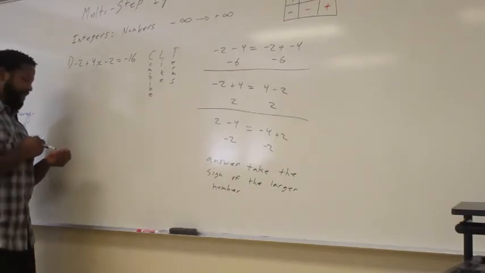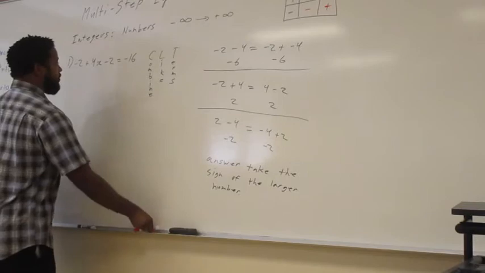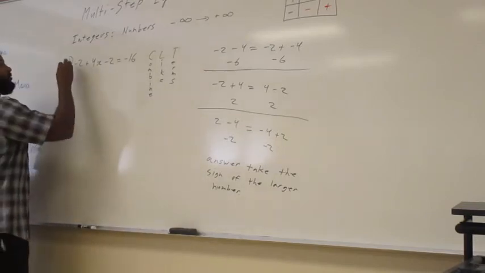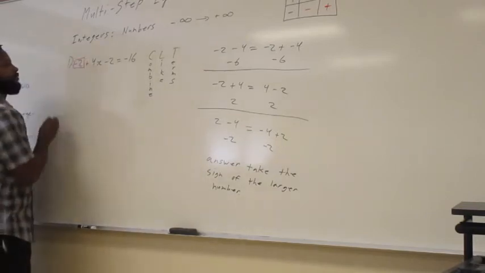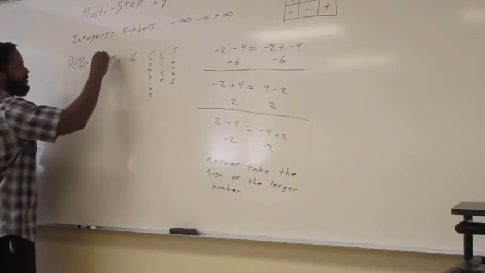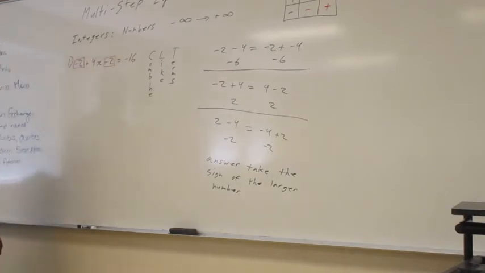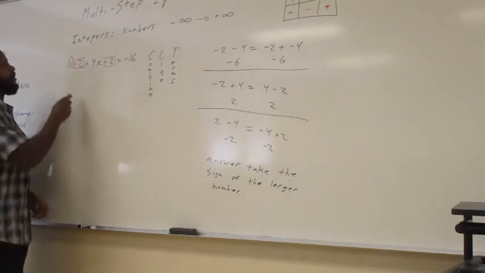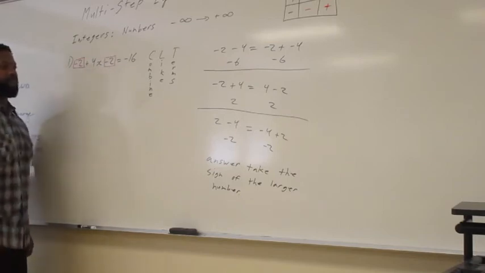So when we combine like terms, we have this -2 right here, and we have this -2, and we're going to combine them. So what is -2 minus 2?